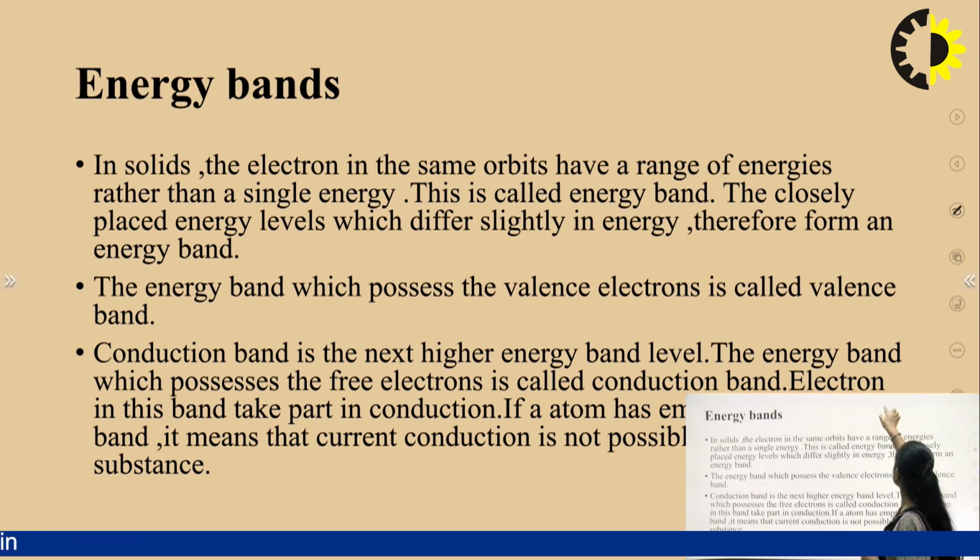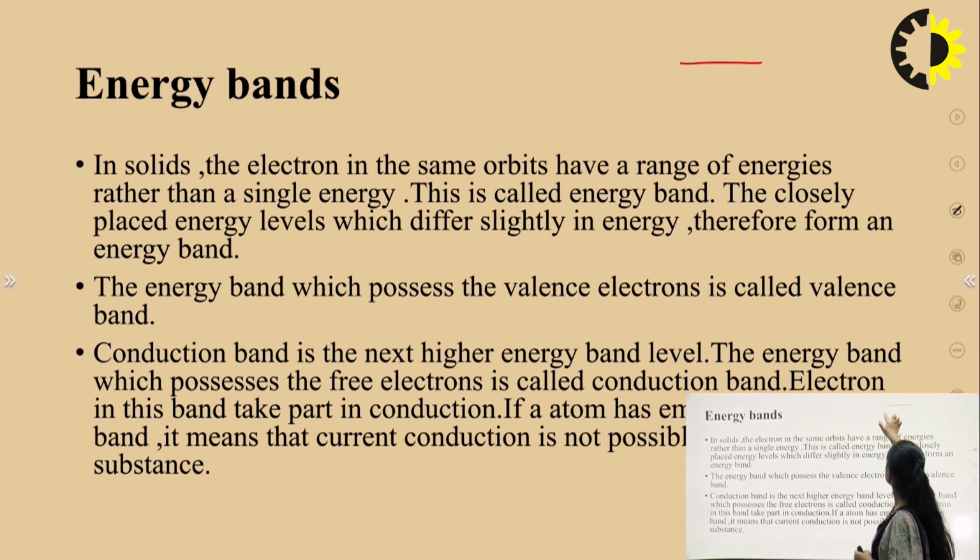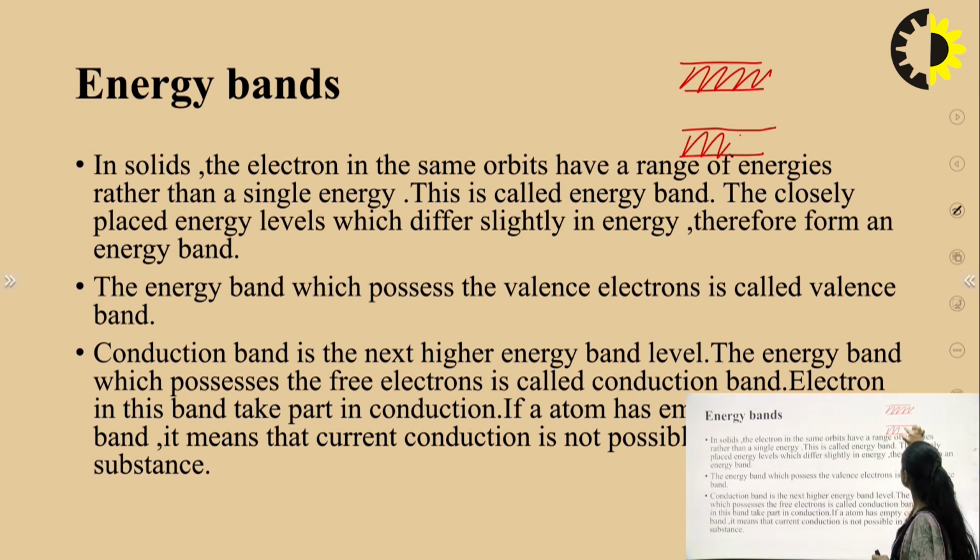So I would represent it with, this is a complete band. So if I have to represent my valence band, I would represent it like this. If I have to represent my conduction band, I'll represent it like this, and I'll keep some band gap between the valence band and conduction band.